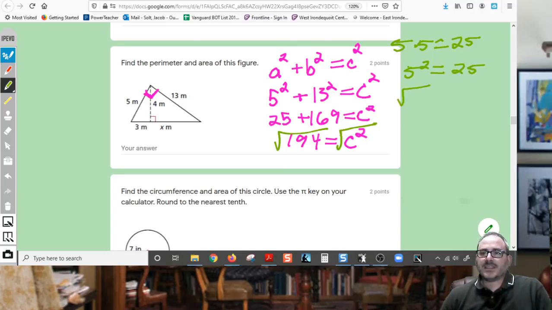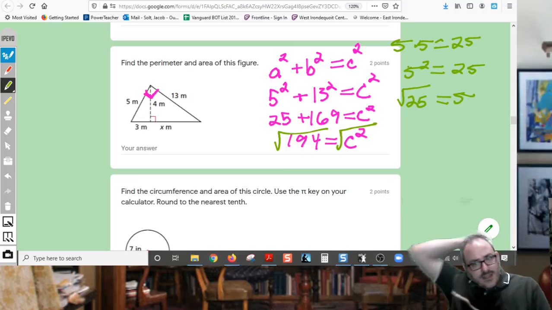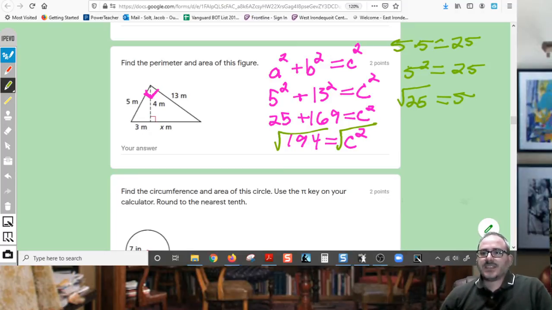Well, then what is the square root of 25? So the square root of 25 is 5. If you don't trust me, use your calculator. Notice that square root right here undoes squaring. I squared 5 to get 25, and I square root it, and I get 5 again, like what I started with, right?